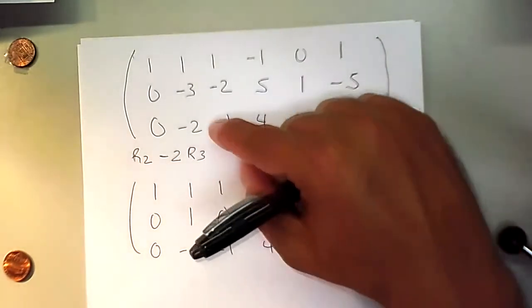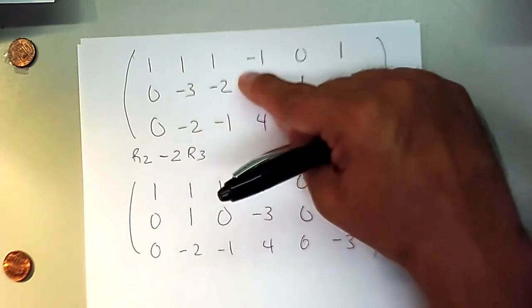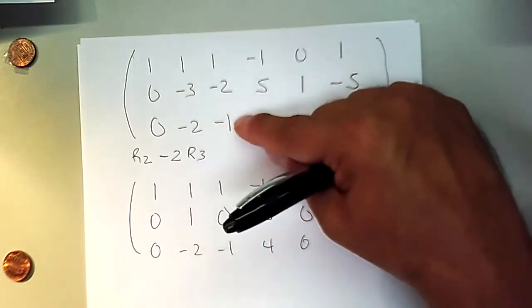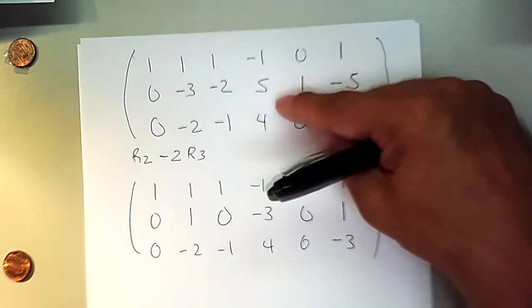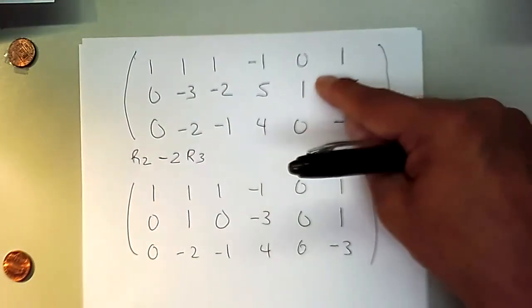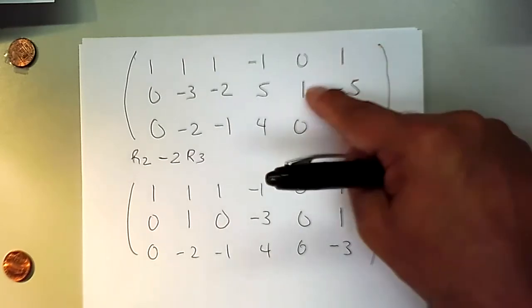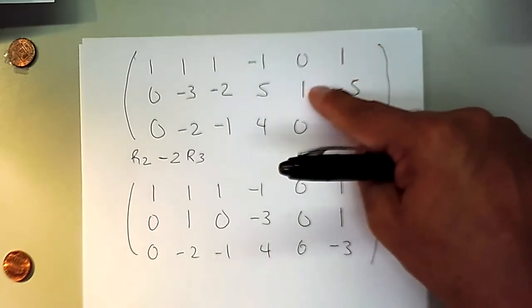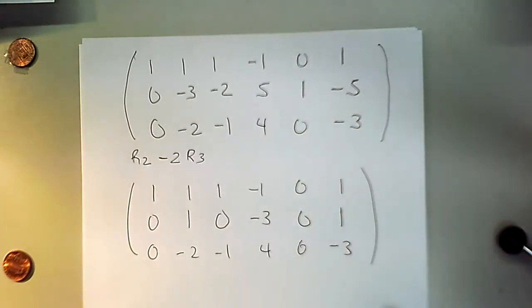And let me double check. 0 minus 2 of those. Negative 3 plus 4 is 1. Negative 2 plus 2 is 0. 5 minus 8, negative 3, 1. Ooh, good thing I checked. 1 minus twice 0 should be 1.